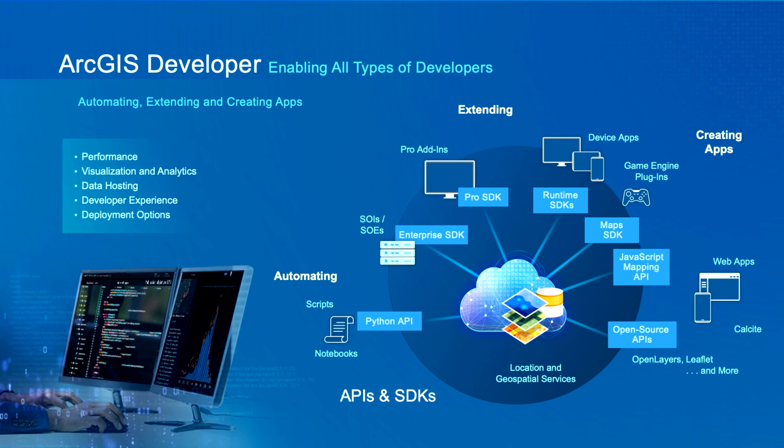And then there's a whole set of client APIs ranging from runtime APIs for building native applications, APIs for building game engine-based applications, our own JavaScript API, as well as open source APIs that we now fully support for you to do your development. So you've got lots of opportunity to tap into the rich set of capabilities that come with ArcGIS.